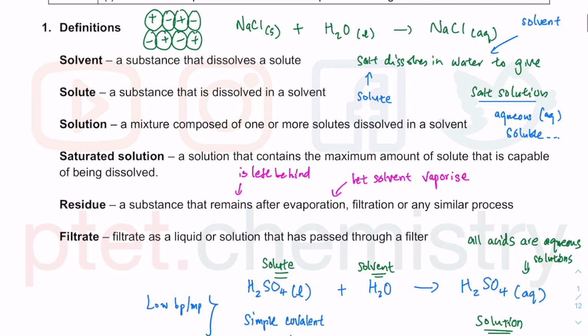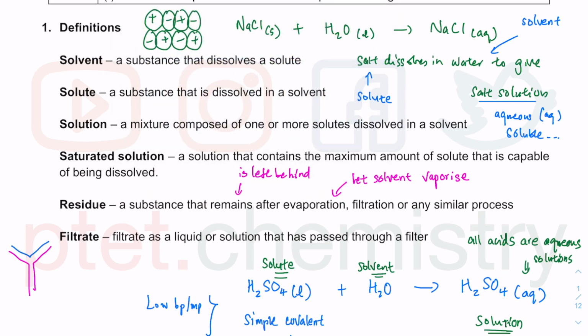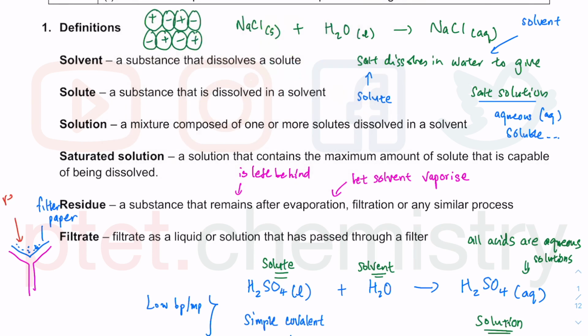If I have filtration apparatus, I can have a filter funnel, but the filter funnel has got holes in between, so I need a filter paper. This is the filter paper as my filter, and whatever is left behind, I have some solid left behind.